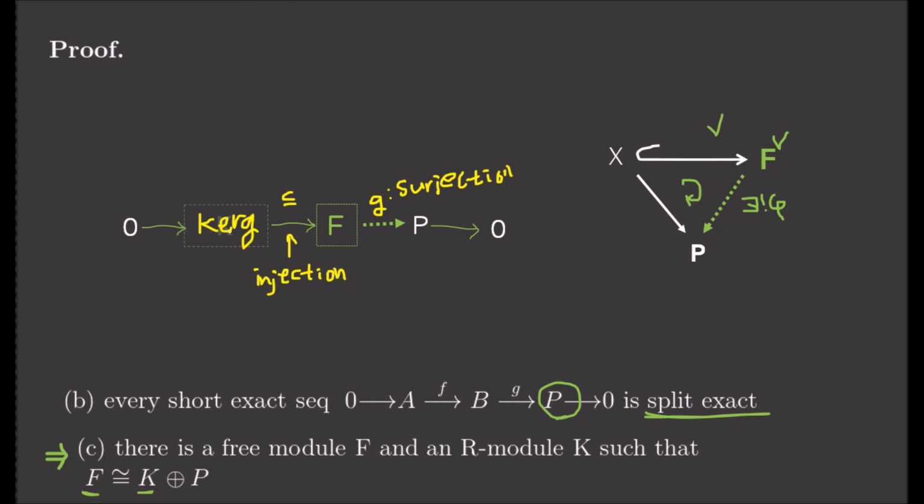Because this is a subset, we just give the inclusion map, and this is a surjection. So this is clearly a short exact sequence. By the assumption, this is split exact. So F is isomorphic to K direct sum P by the definition of a split exact sequence.